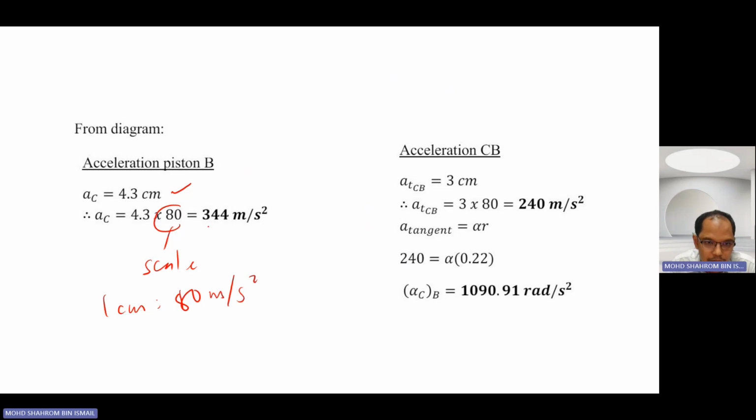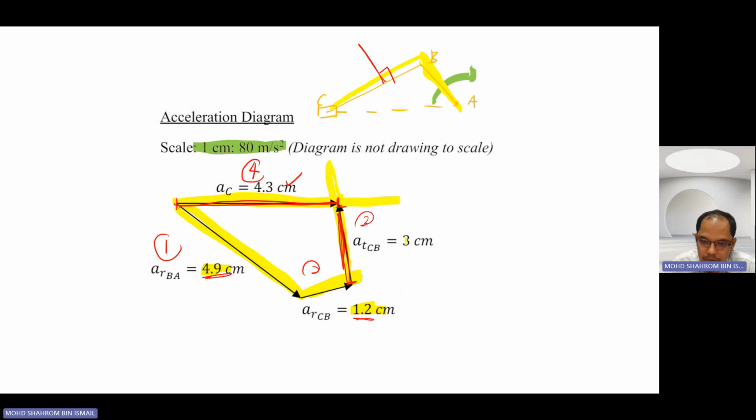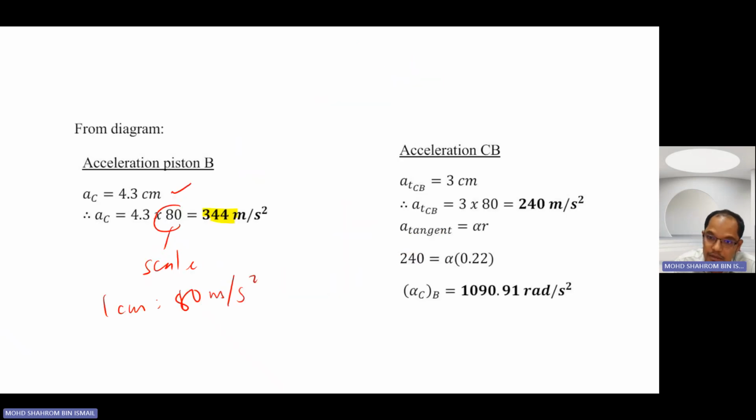Therefore, you get 344 meter per second squared. And for the acceleration CB, you measure to be around 3 centimeter, and 3 centimeter multiplied by 80 gives 240 meter per second squared.